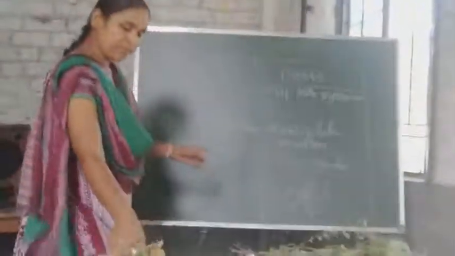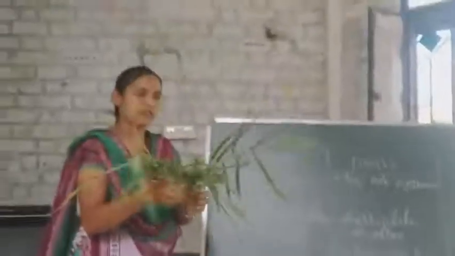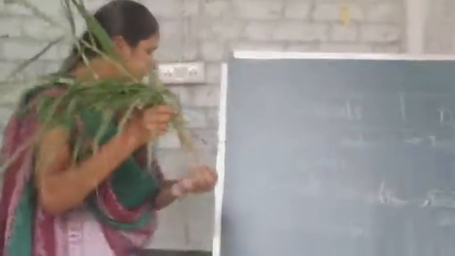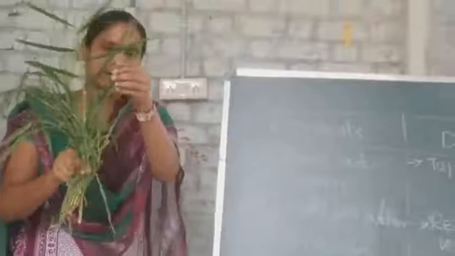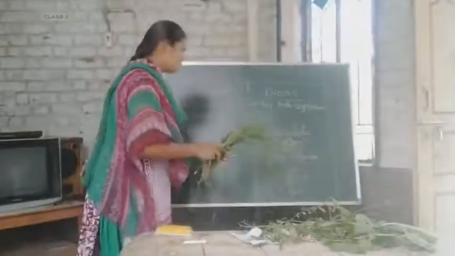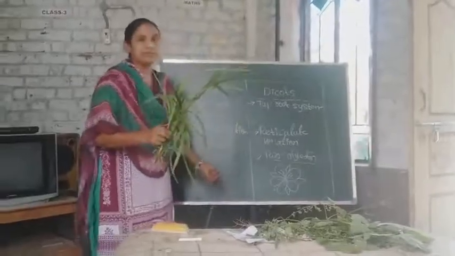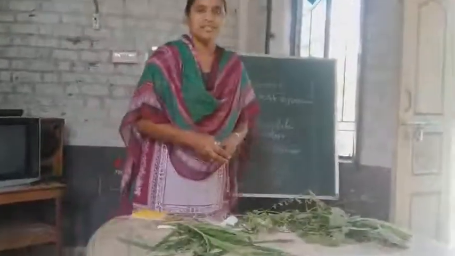In monocots: fibrous root system, parallel venation, 1 cotyledon, and 3 petals or multiples of 3. Have you understood? Thank you.